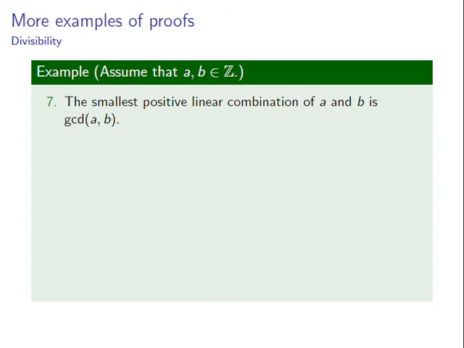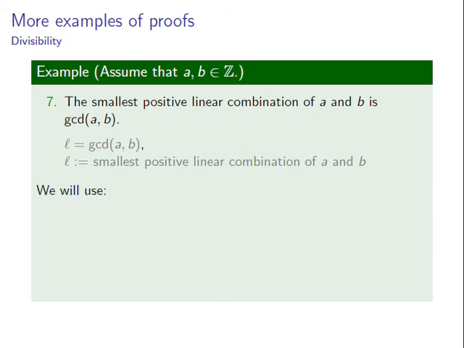Consider the claim: the smallest positive linear combination of A and B is the greatest common divisor of A and B. Again, let L denote the smallest positive linear combination of A and B. The claim is the statement L is equal to GCD of A and B. We will use the following facts.